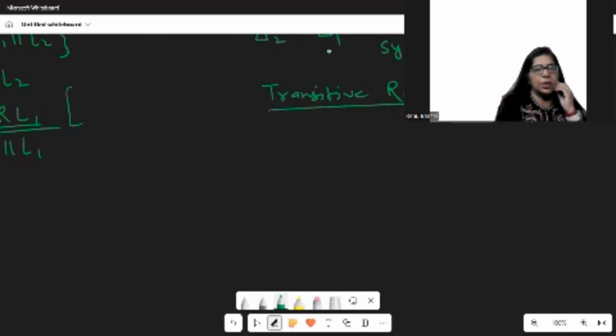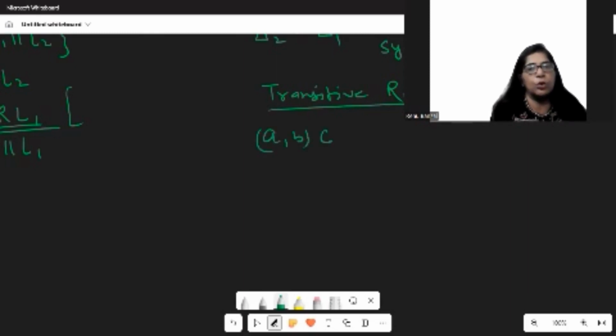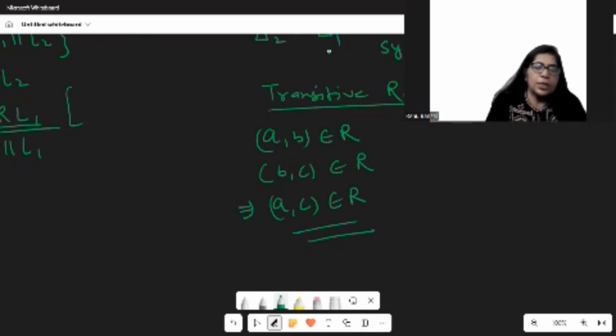Transitive relation means if (A, B) belongs to R, and also (B, C) belongs to R, then the condition is (A, C) also belongs to R. In such a case, the relation will be said to be a transitive relation.